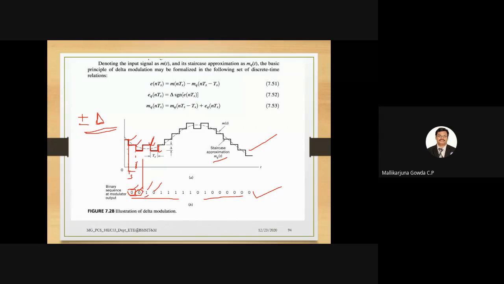Hence, it will be incremented by delta, and hold till the next sampling interval. So every TS I compare the approximated signal with my analog input signal, and take a decision whether it should be incremented or decremented by delta, depending upon whether the approximated signal is greater than or less than the analog input signal.